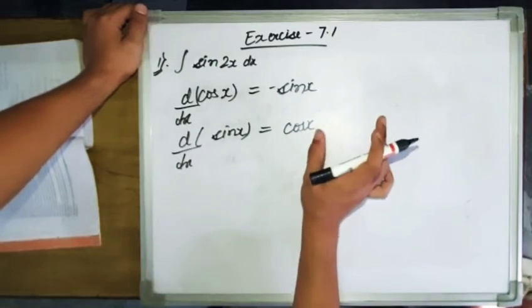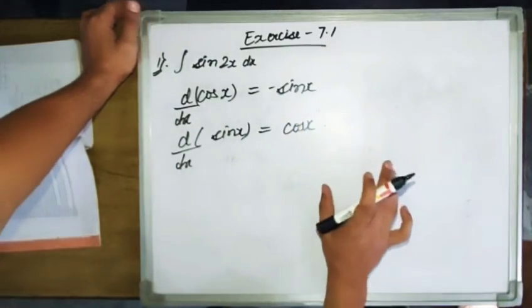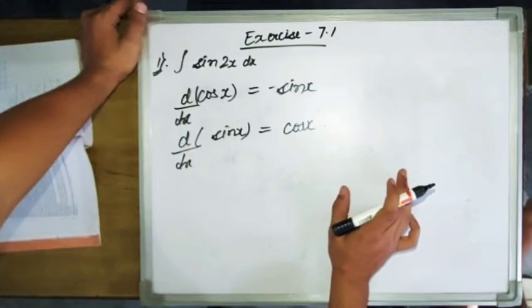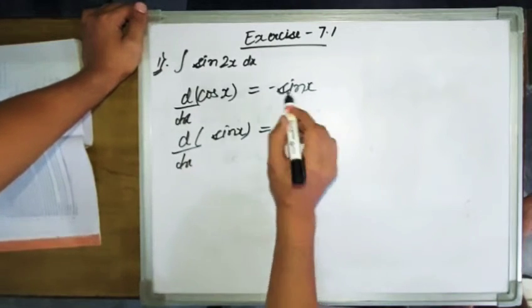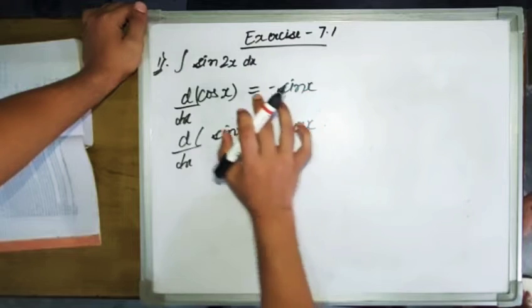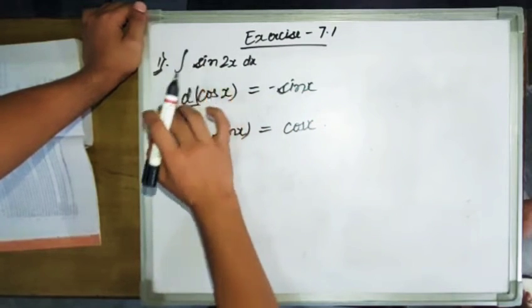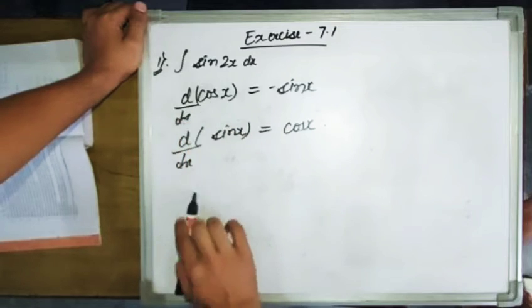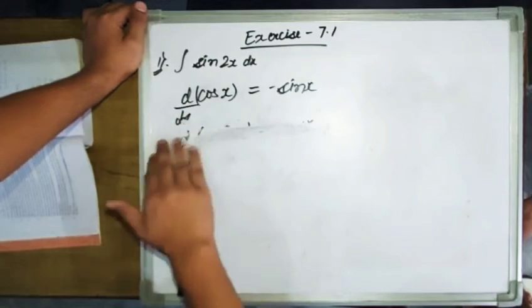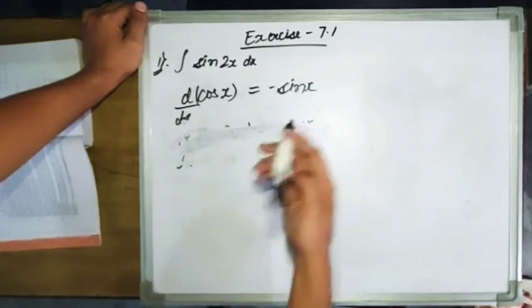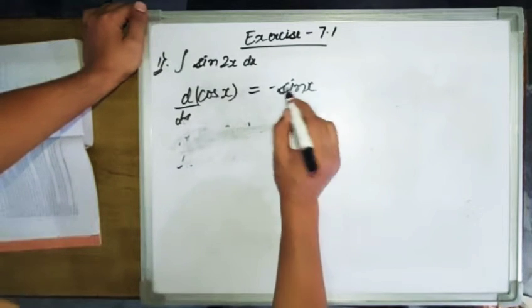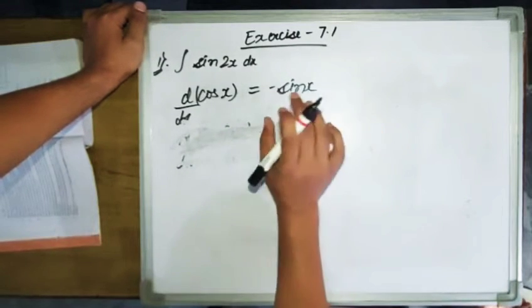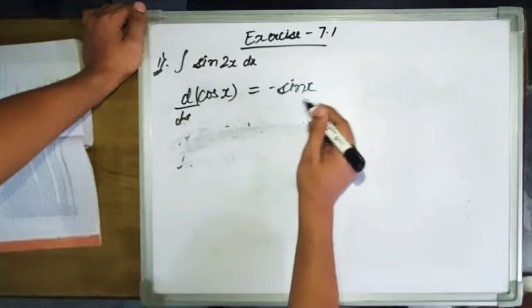What is integration? Integration is just the opposite of derivative. So for finding out the antiderivative of sin 2x, we will use this derivative of cos x. I am erasing this dy dx sin x. So here is minus sin x, and we need to find out the integration of sin 2x.